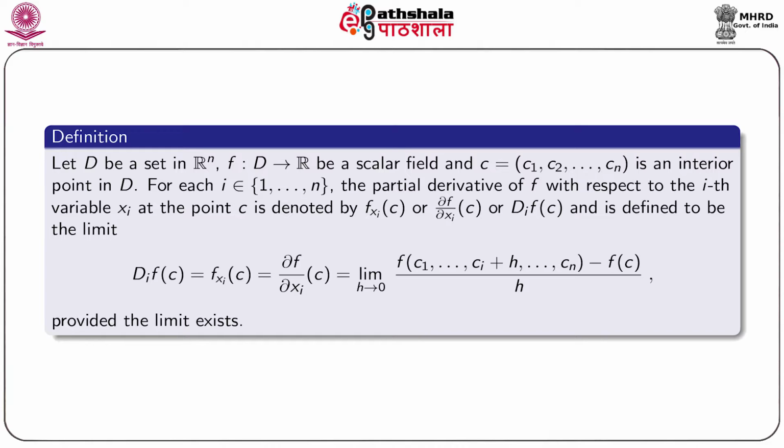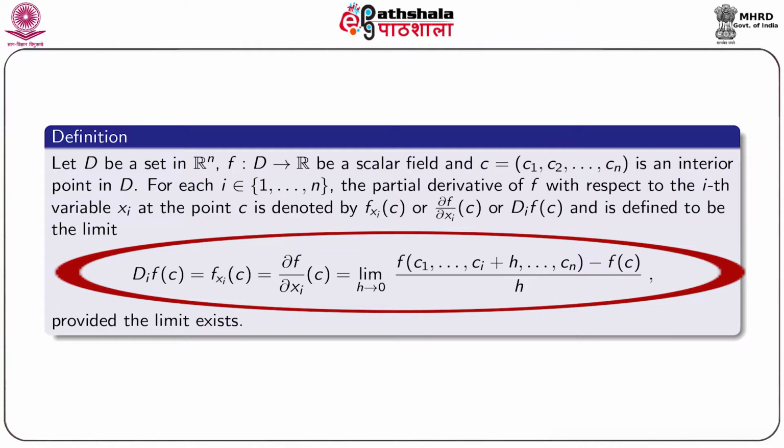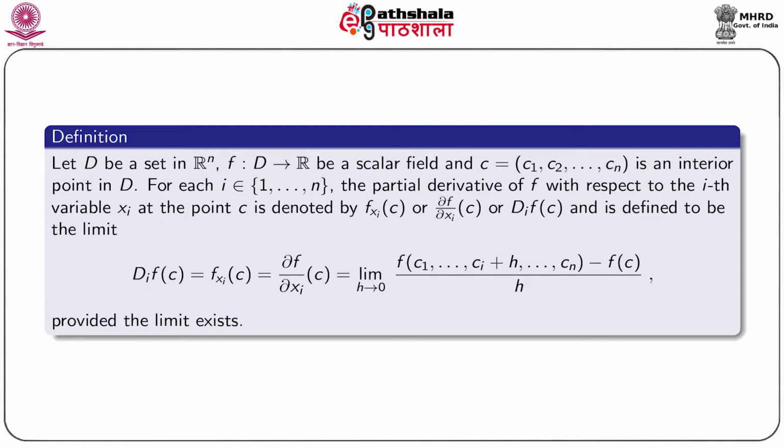Now, for each i running over 1 to n, the partial derivative of f with respect to the ith independent variable xi at the point C is denoted by f_xi(C) or ∂f/∂xi at the point C or Di f at the point C, and is defined to be the limit of f(C1, up to Ci-1, Ci + h, Ci+1, up to Cn) minus f(C), divided by h as h approaches 0.